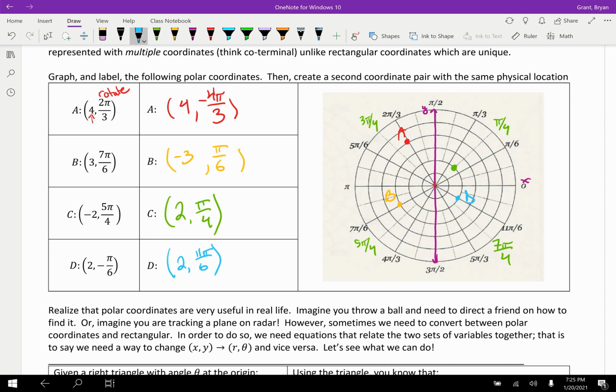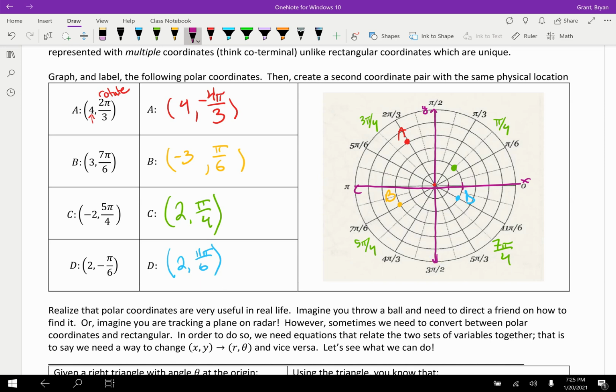Nice. We're almost done with this. The only thing we need to conclude with today is how to convert between rectangular and polar coordinates, from one to the other and then back again. Because I mentioned that this is still an xy coordinate plane, and so if we were able to get there by spinning, we should also be able to get there using our xy directions.